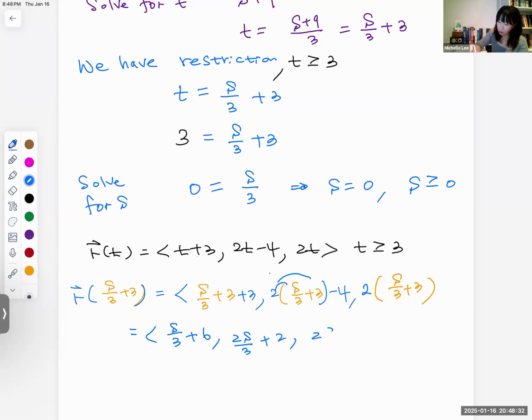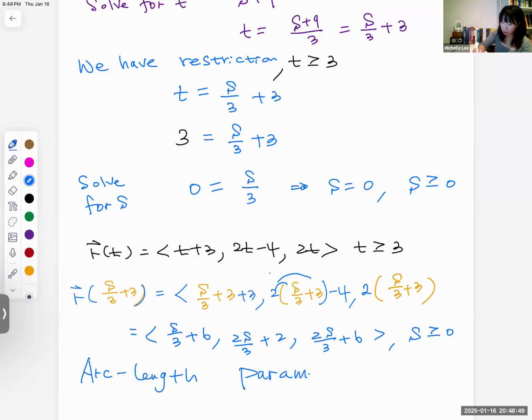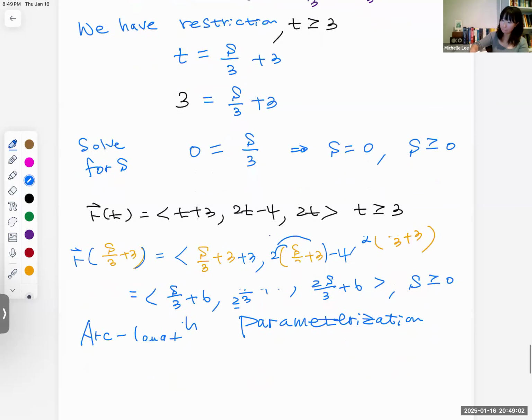And then this s must be greater than or equal to 0. So we call this arc length parameterization. Okay. So we're going to do curvature.